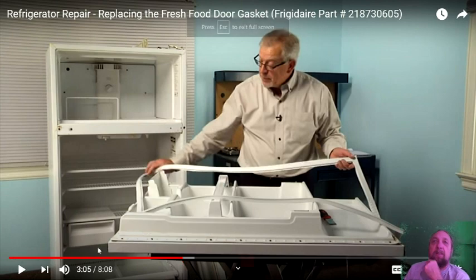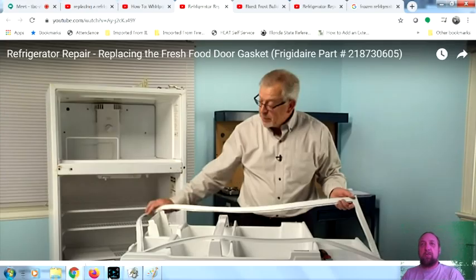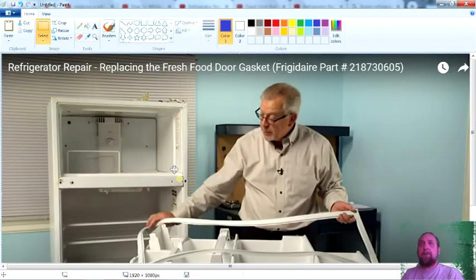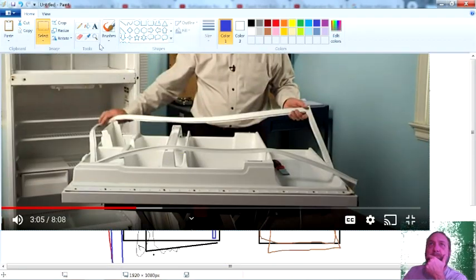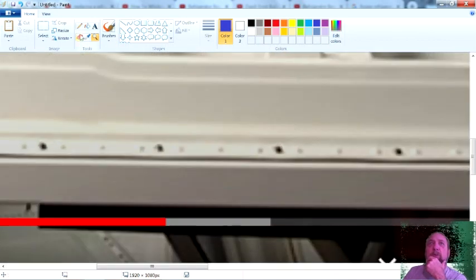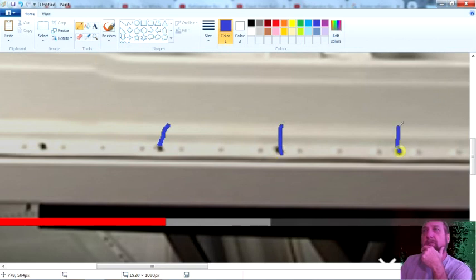Now look here. This one has the screws. Let me print screen this and show you guys something. I'm going to zoom in on that just for a second. So if we look at this closely, every one of these dark marks here are the screws.